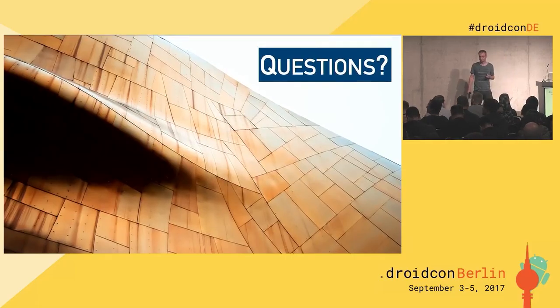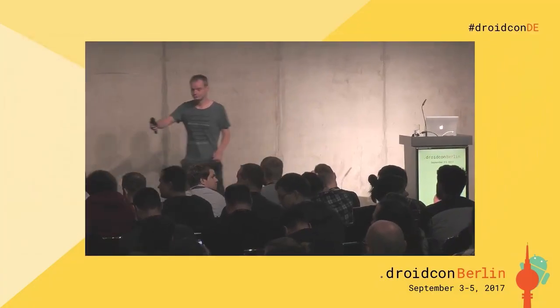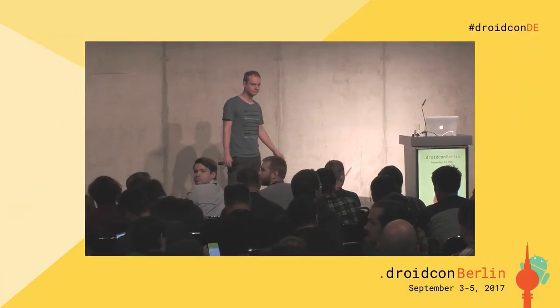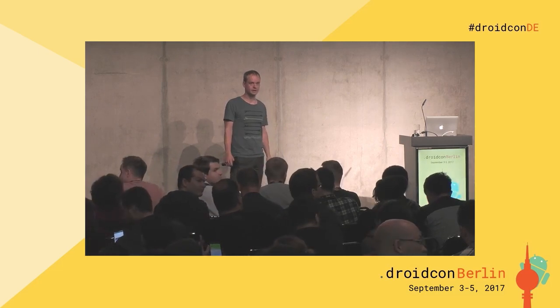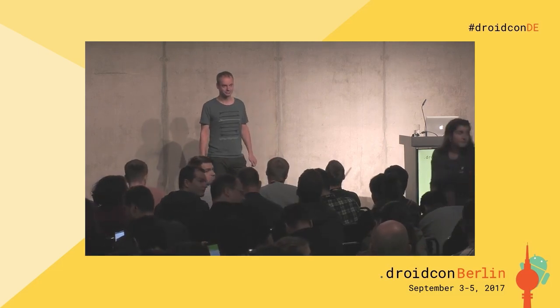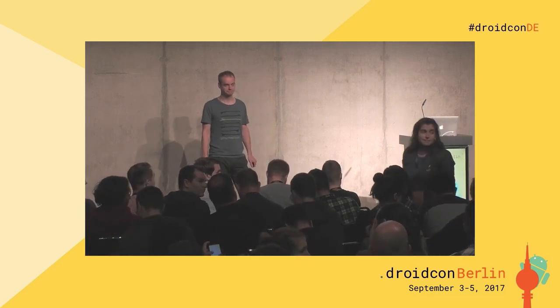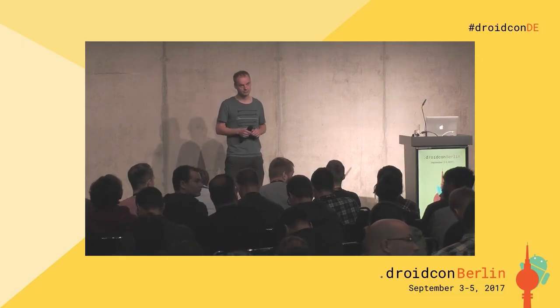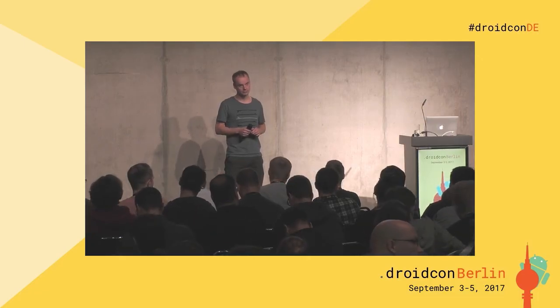Hi. So first of all, thank you for the talk. I think that you covered the topic in a pretty crystal clear way, so really thank you for the awesome talk. I was curious about how you handled the temporary displaying of views like a Toast using live data?